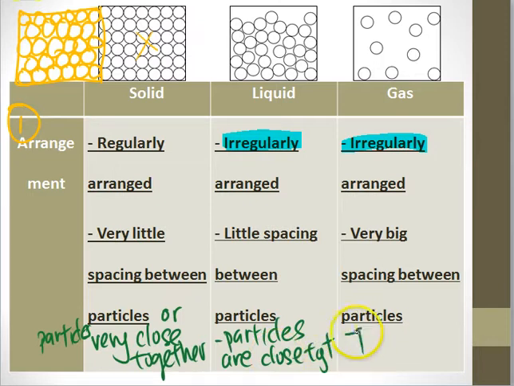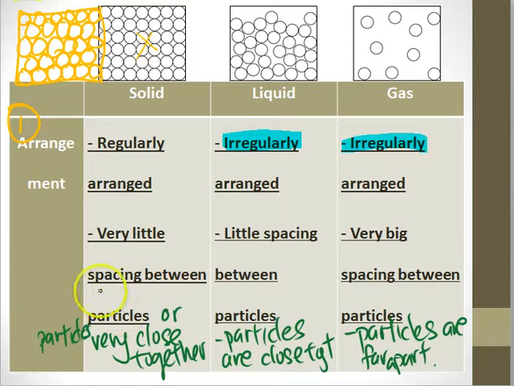And for gas, we say the particles are far apart. So when we talk about arrangement, we tend to use particles being very close together rather than talking about the spacing, but both of them are actually similar.